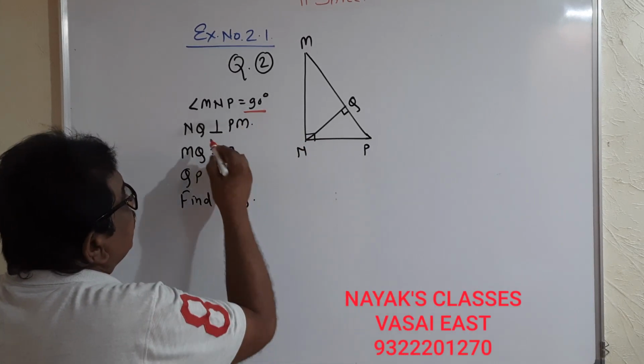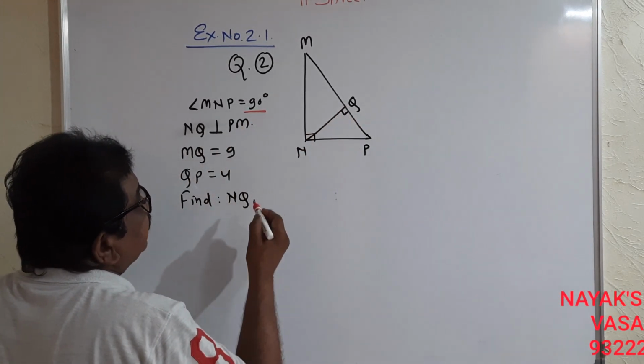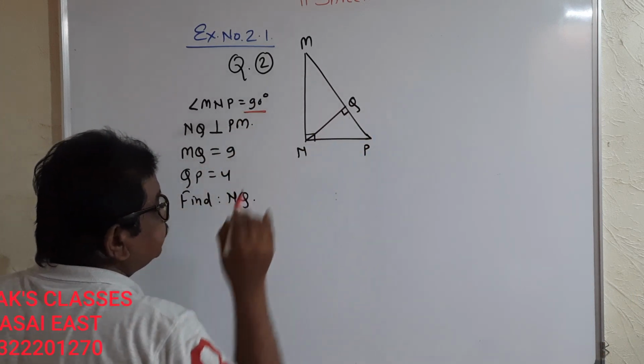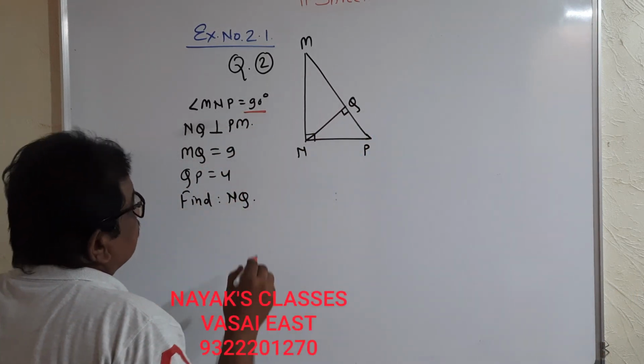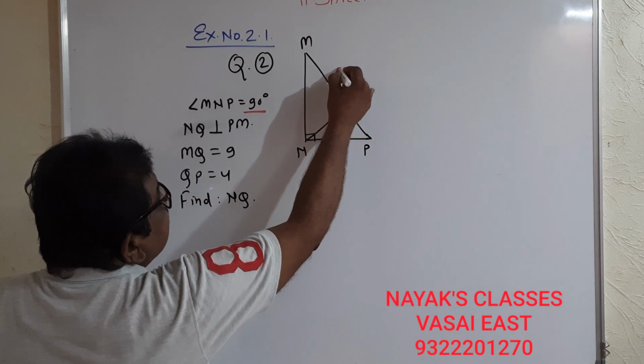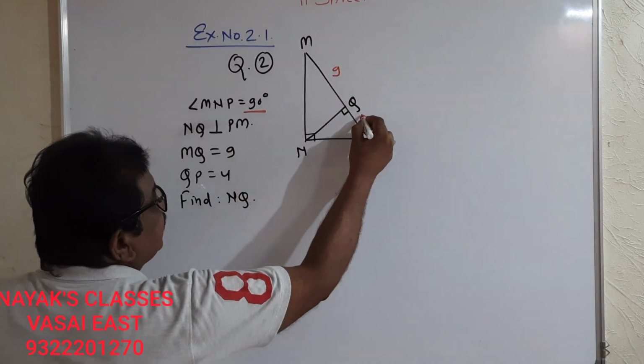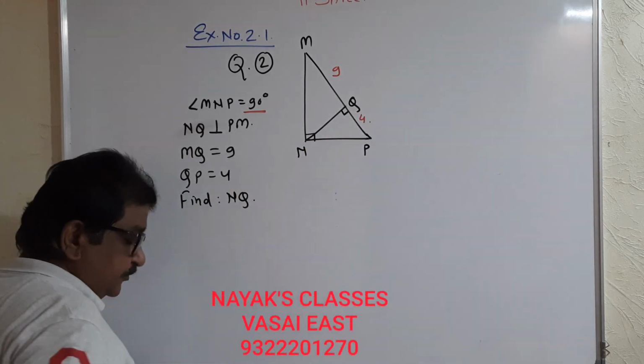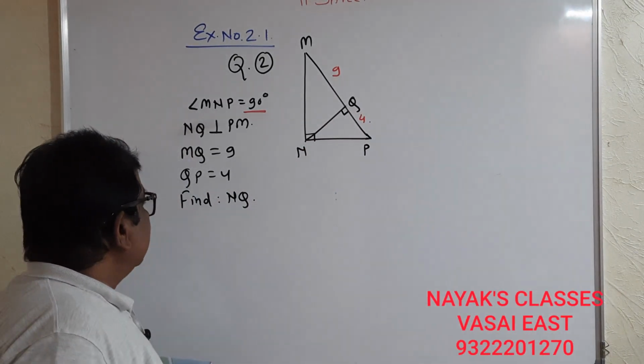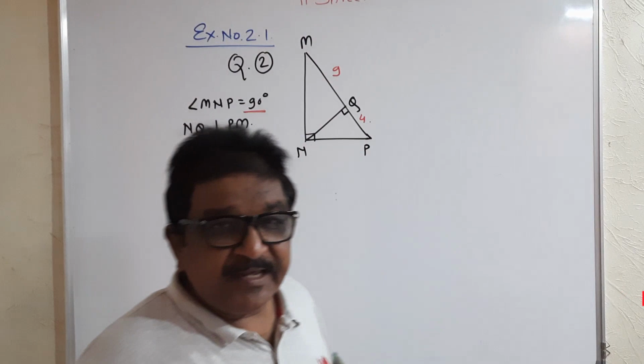Correct? NQ is perpendicular to PM. MQ is 9 units and QP is 4 units. So they said find the length of NQ.